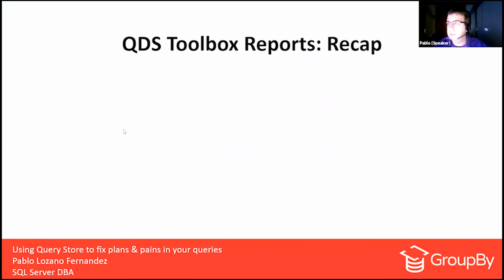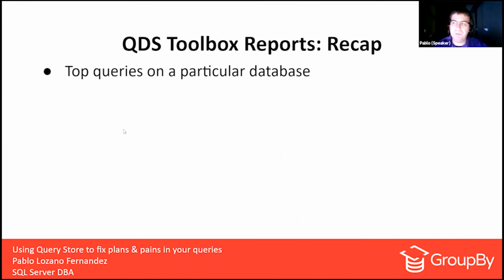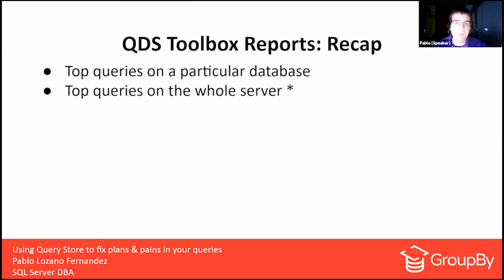Okay. So as a recap, we have top queries on a particular database, top queries on the whole server. It's very useful. We use it almost every day. So when we have a complaint about CPU peaks on one particular server, we can just go to the server, see which one of the queries on the whole server is causing all these issues, and go straight to that.